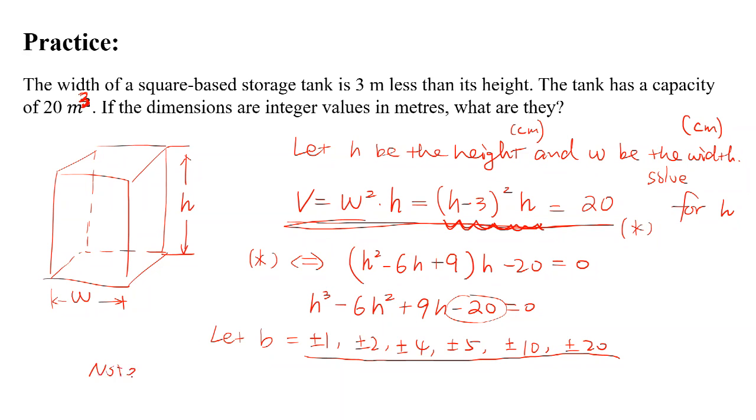So note here, when h is 5, 5 cubed minus 6 times 5 squared plus 9 times 5 minus 20 is actually 125 minus 150 plus 45 minus 20.